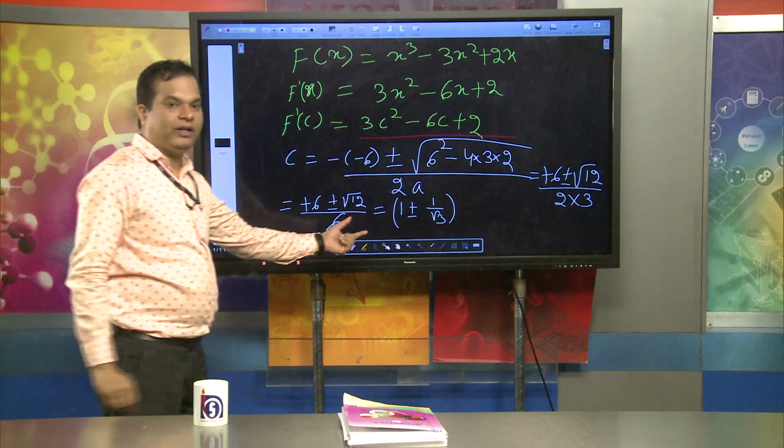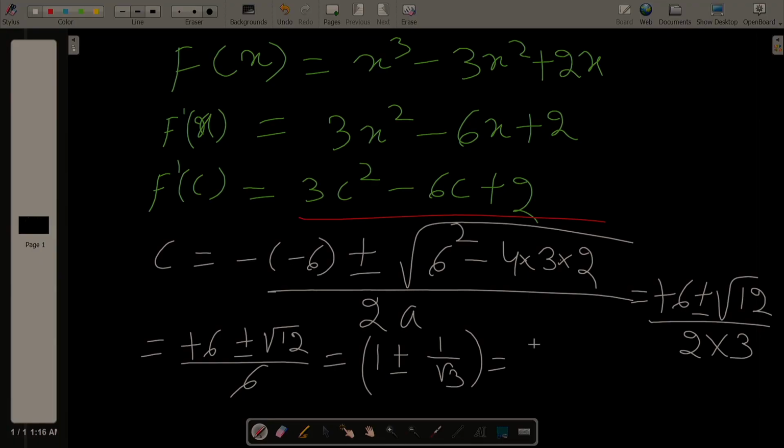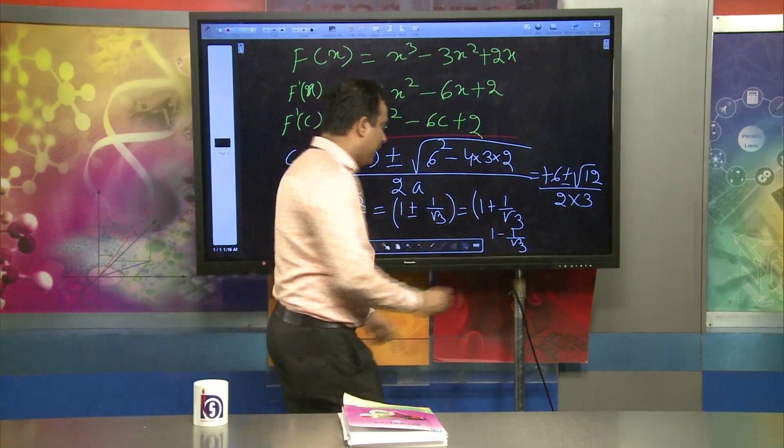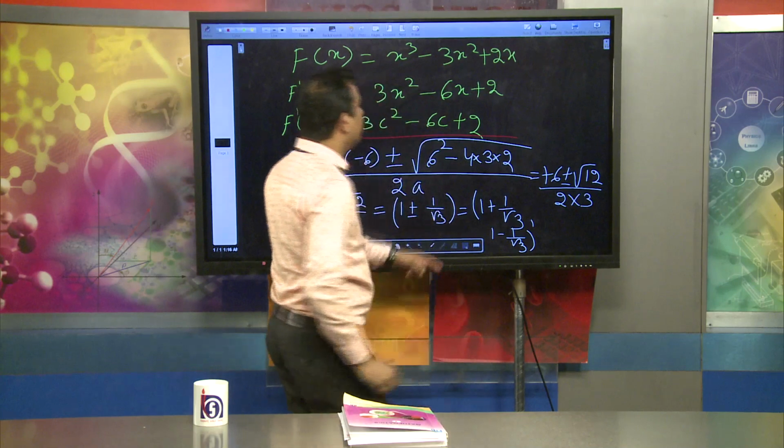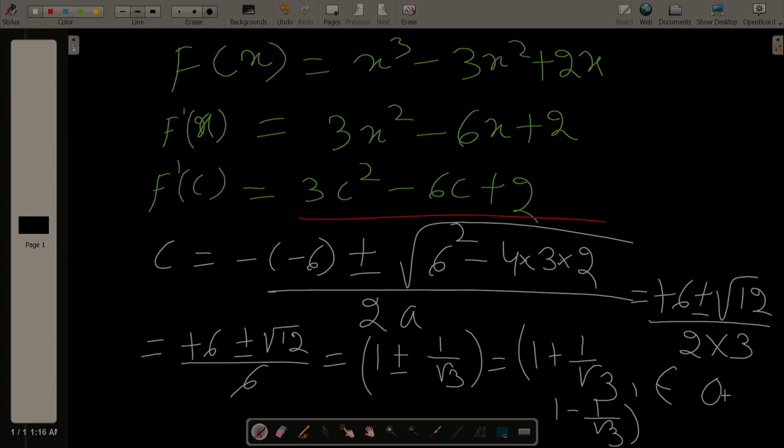So there will be two different values: one is 1 plus 1 by root 3, and the other is 1 minus 1 by root 3. Both values lie between the points 0 and 2.